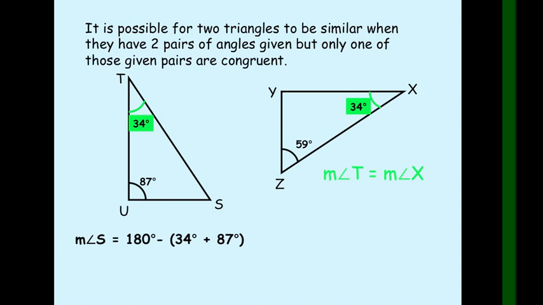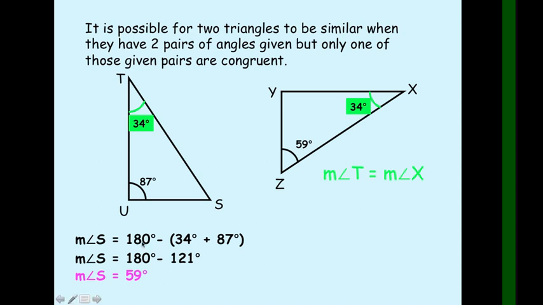So, to prove what is S, we can compute. As we all know, yung total ng degree sa loob ng triangle is 180 degrees minus 34 plus 87. Ito yun, 34 plus 87. We will get 121 and then subtract from 180. So we have 59.